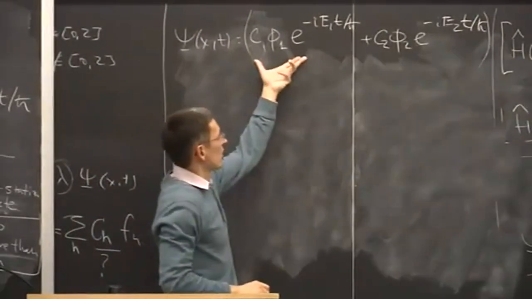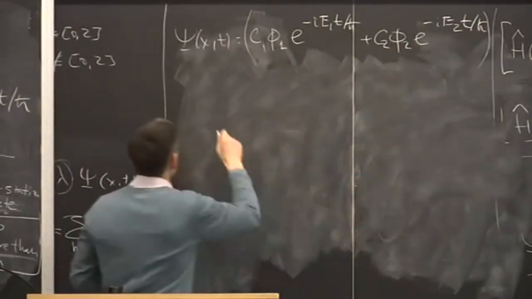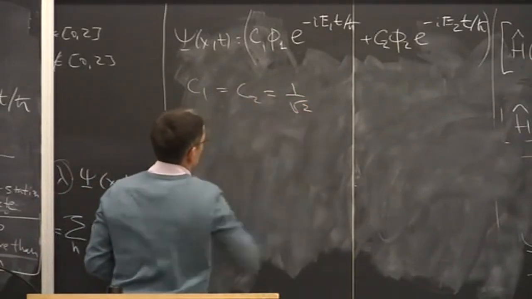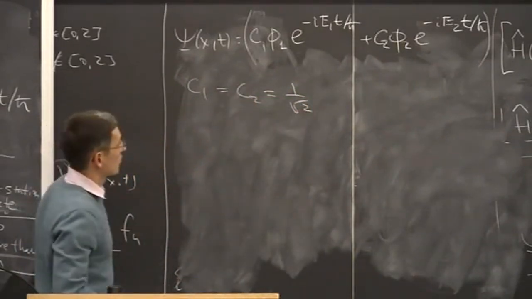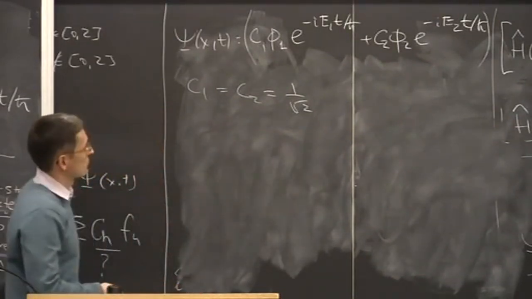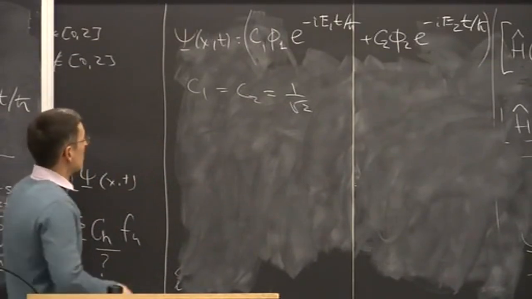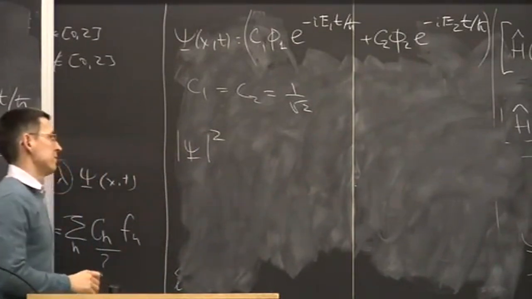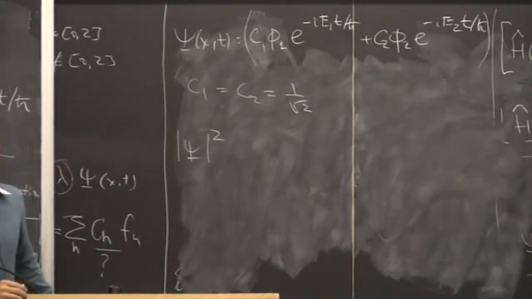Instead of one product I have two, and C1 equals C2 equals 1 over square root of 2. You can do it at home if you'd like, using these numbers. And then if we do the absolute square, how many terms will we get?